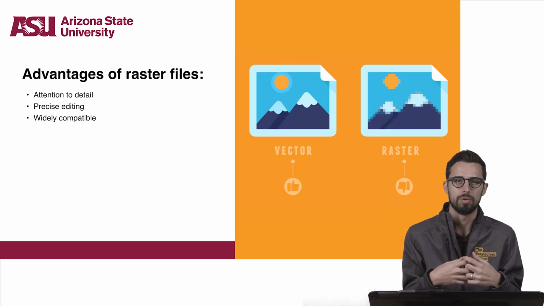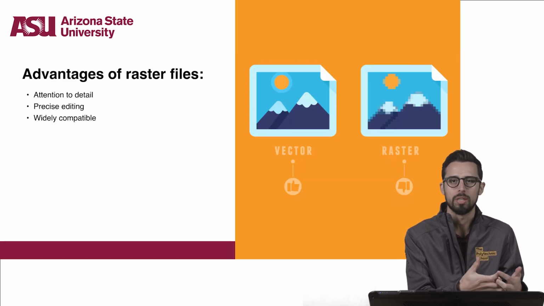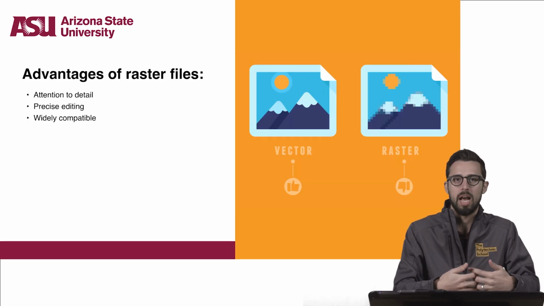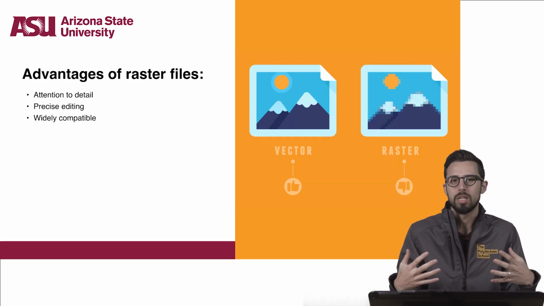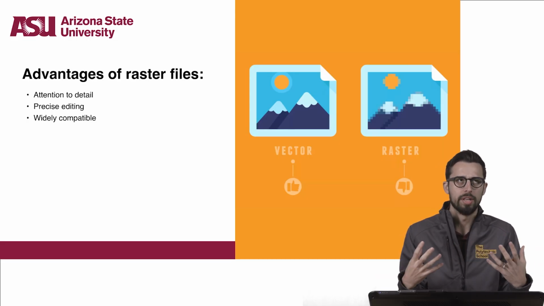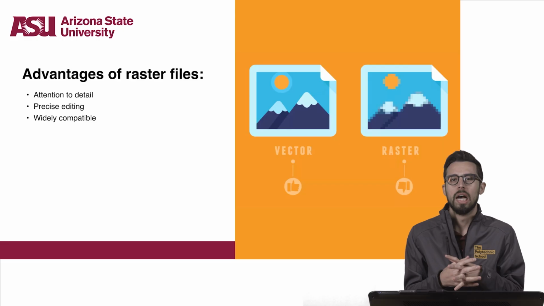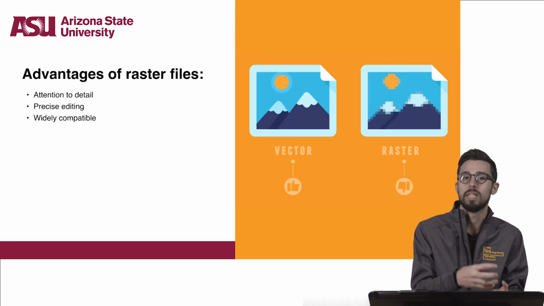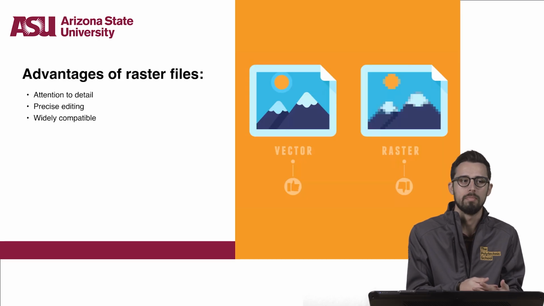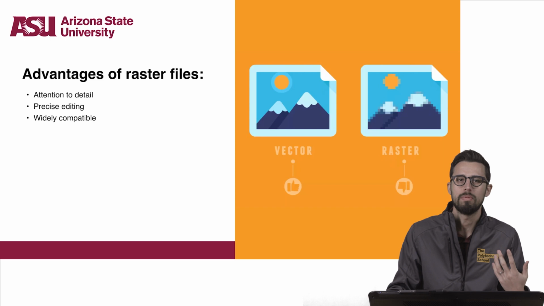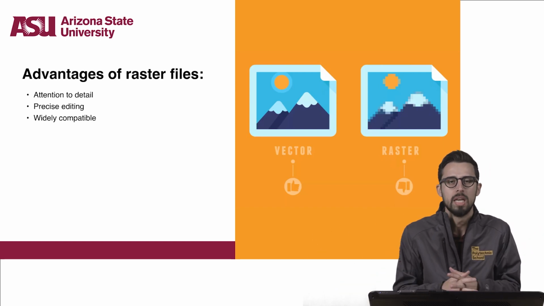And those raster images are able to reproduce that high resolution that we want in things like photos. It can just show off all that intricate detail that we want. The more pixels a file contains, the stronger the image quality, and oftentimes the larger the image file size would be.